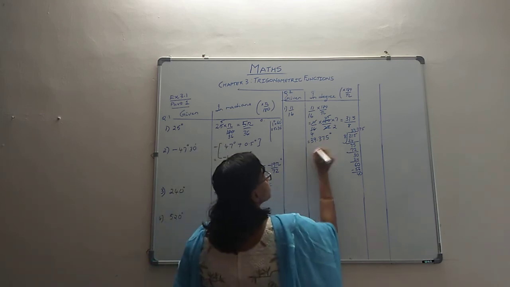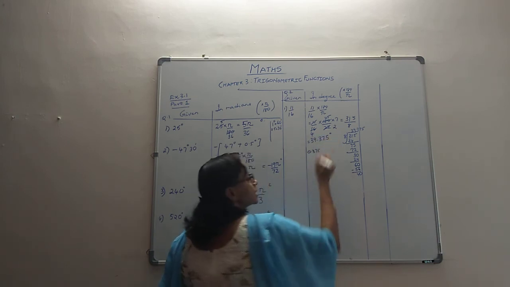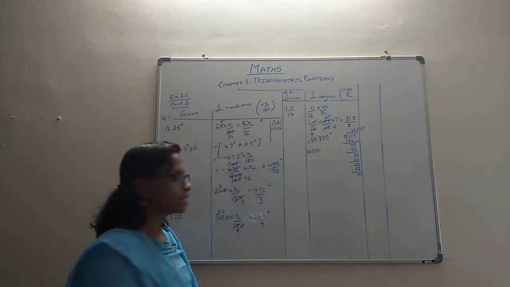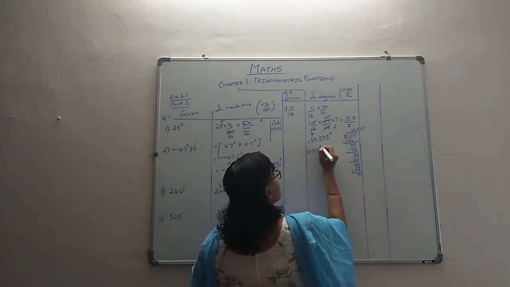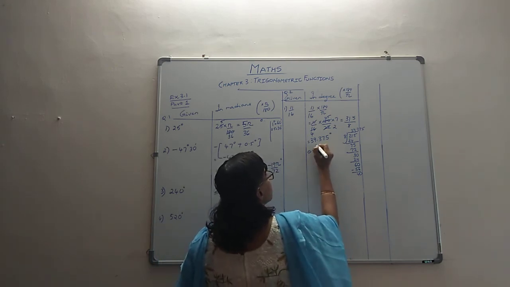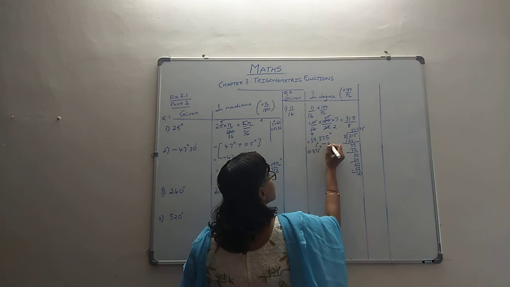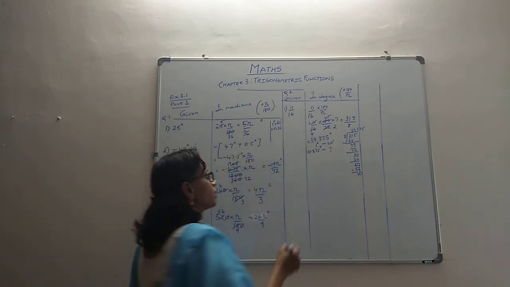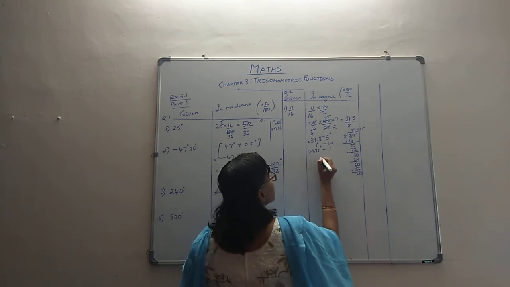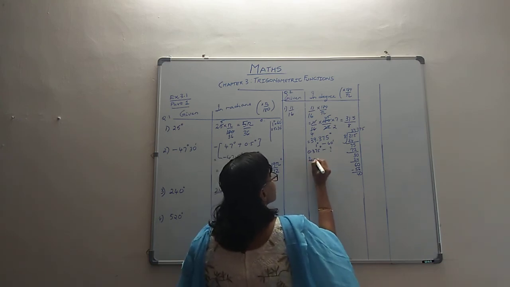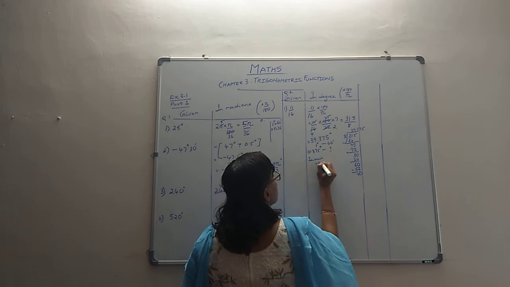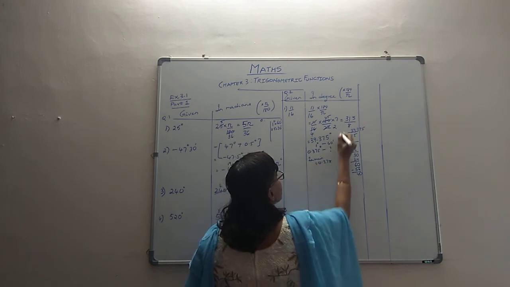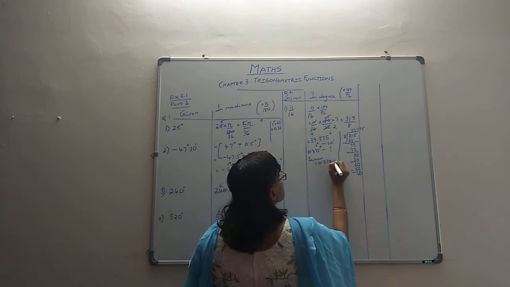Suppose you have this 0.375 degree. Now this part is okay, it's fully degree, but the decimal part, if you want to convert it into minutes, we know that 1 degree is 60 minutes. So we have to find out the conversion for this. Therefore 0.375 in minutes will be 0.375 into 60.